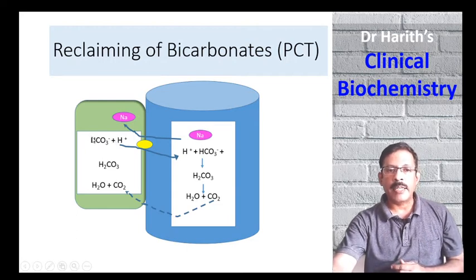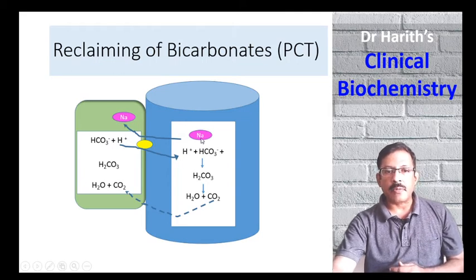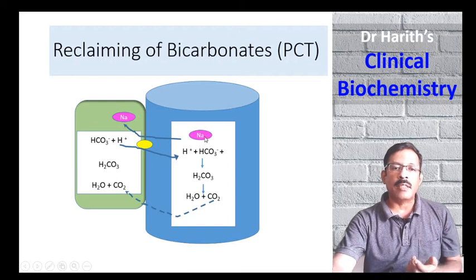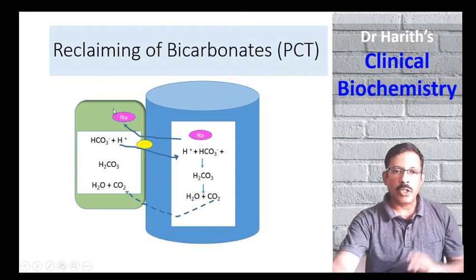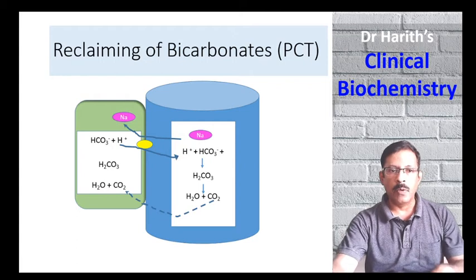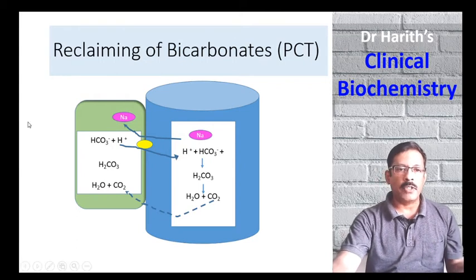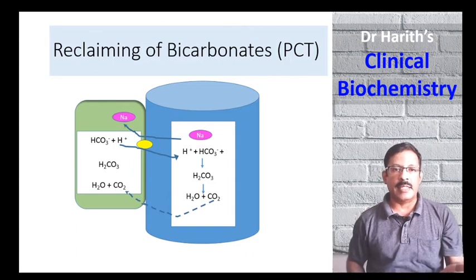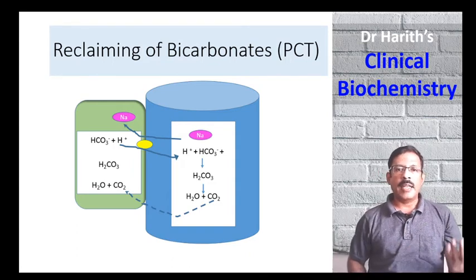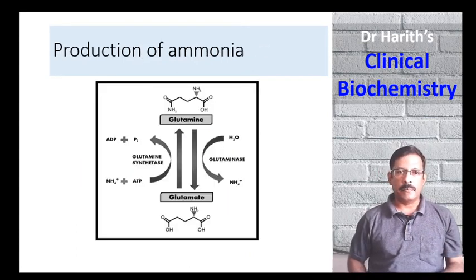This bicarbonate gets reabsorbed. The hydrogen ion is secreted. This secreted hydrogen ion is an antitransport mechanism for another sodium ion to be absorbed. So effectively, you have two sodium ions getting absorbed, you have one bicarbonate ion getting absorbed, and you have two hydrogen ions being secreted. This is how reclaiming of bicarbonates occurs.